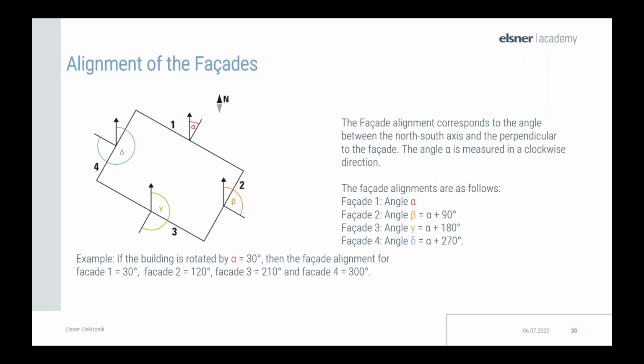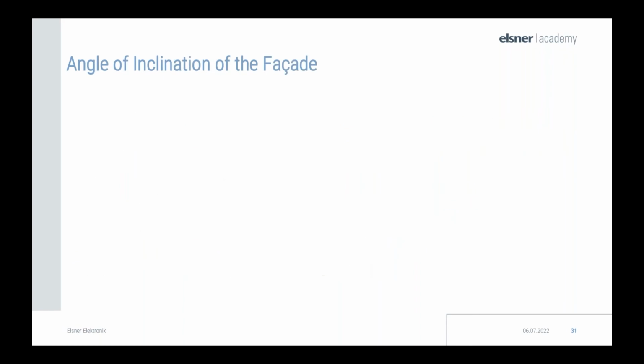Next up, we're going to talk about the angle of inclination of the facade. In this picture, you can see a facade with an inclination. If a facade surface is not aligned vertically, this must be taken into account. An inclination of the facade to the front is counted as a positive angle.